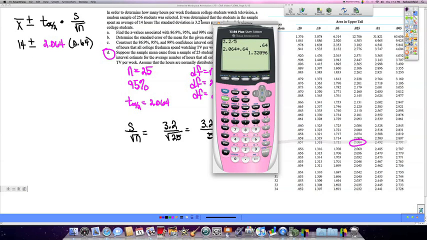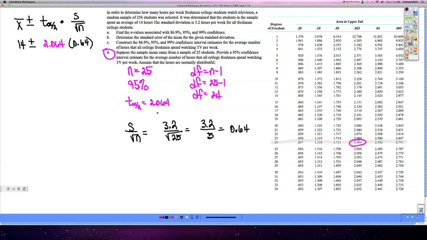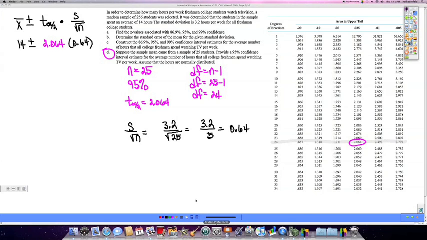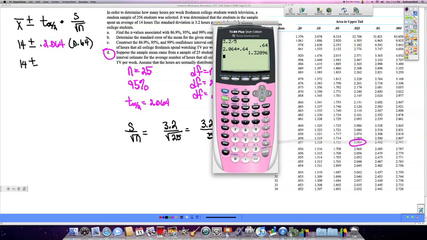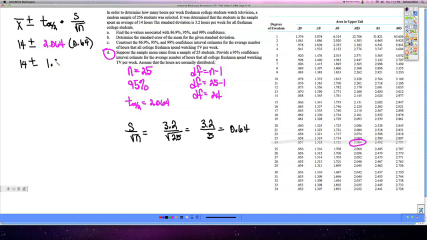And we can add and subtract that to 14. And we know that that's going to be 12.68 to 15.32.